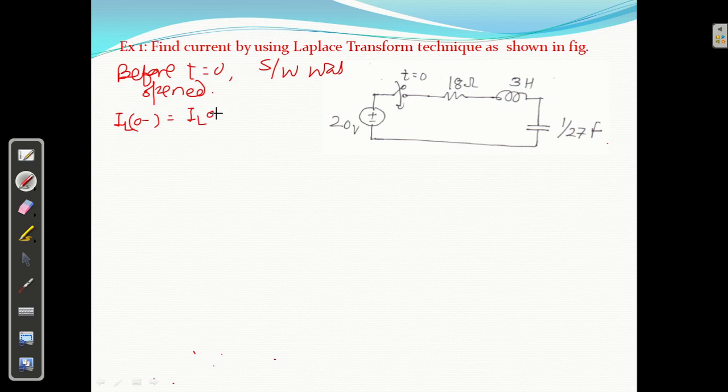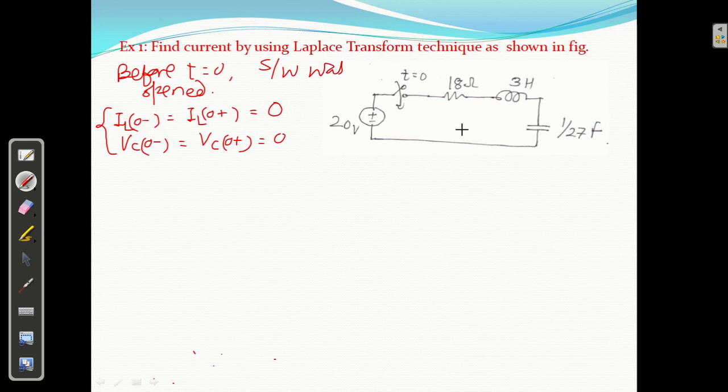Just after, the current stored by the inductor would be the same, that is equal to 0, since the switch was open. Similarly, if the current is 0, the voltage stored by the capacitor, VC(0-) equal to VC(0+), is again 0. So these are the two initial conditions, as we discussed in the last presentation.